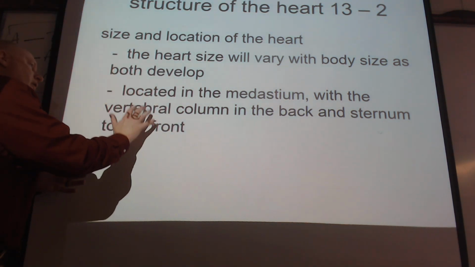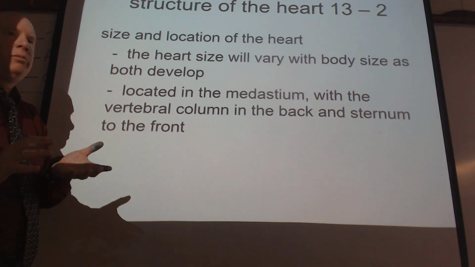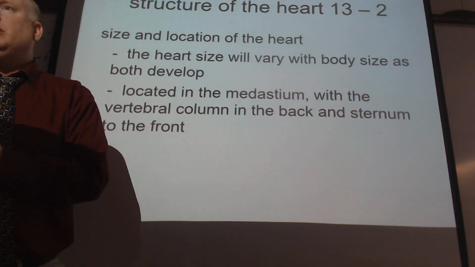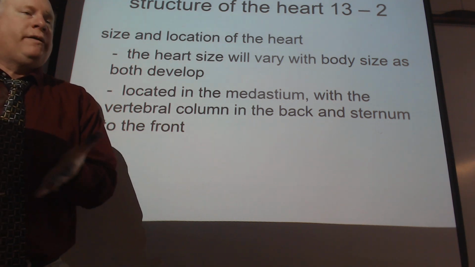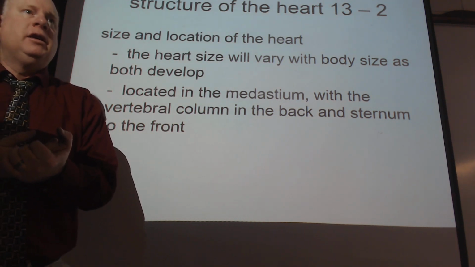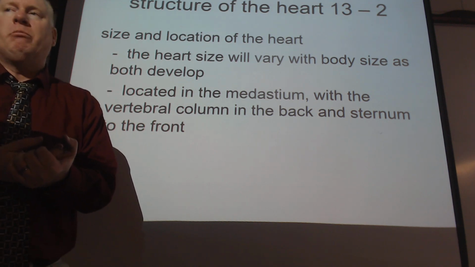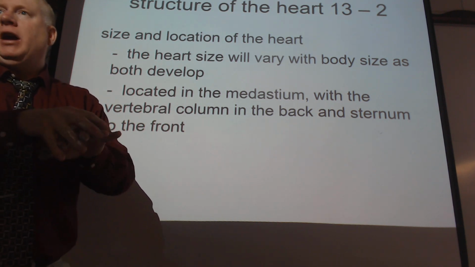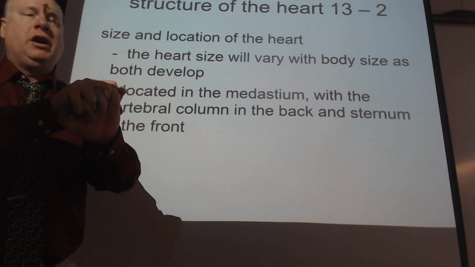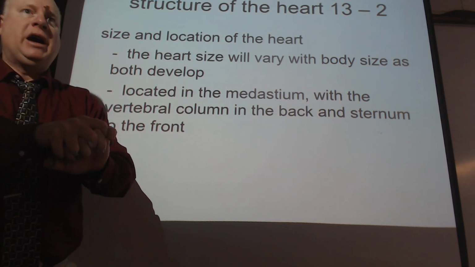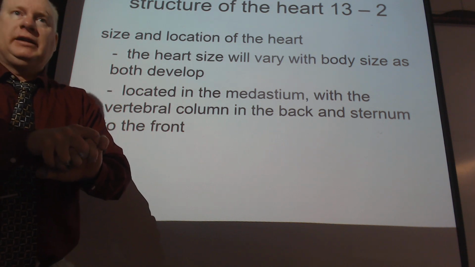And the vertebral column underneath supplies some resistance, provided you can't perform CPR on a bed or mattress. Does anyone think they might know why? Because as you're pressing down on an individual, if they're on a soft mattress, what's their body going to do, you think?